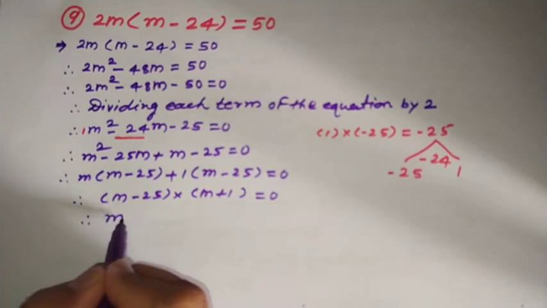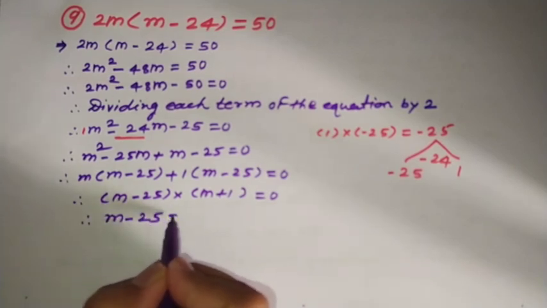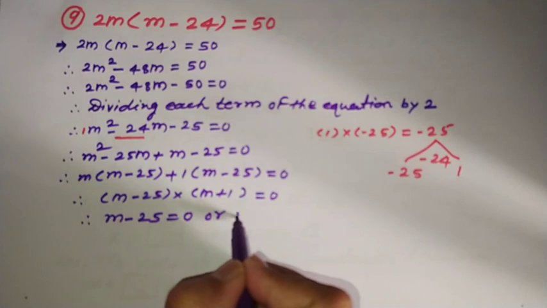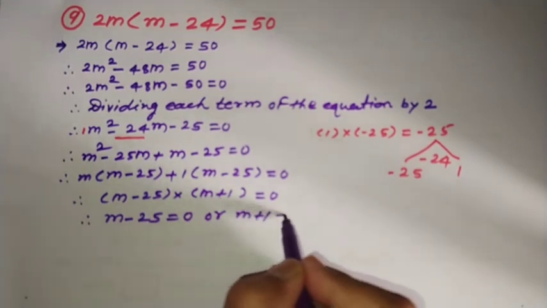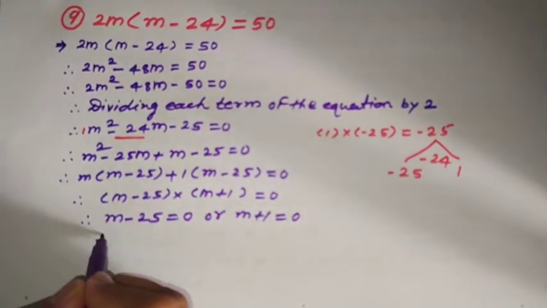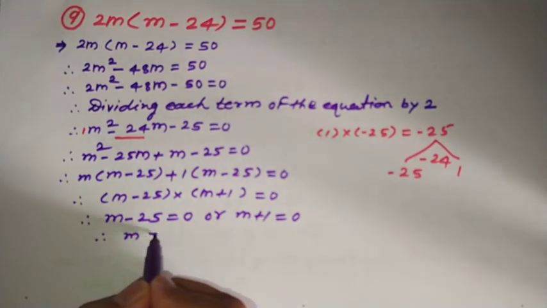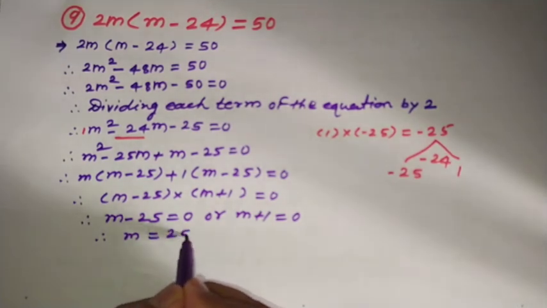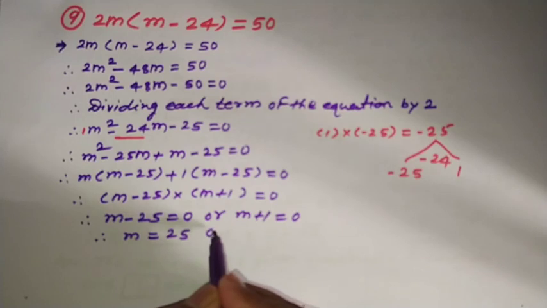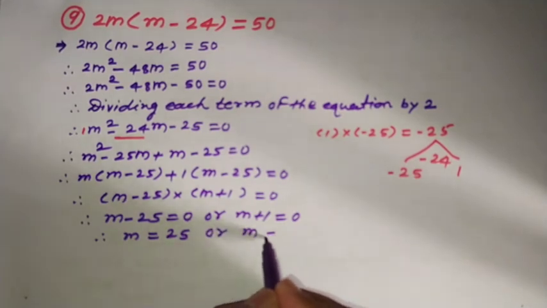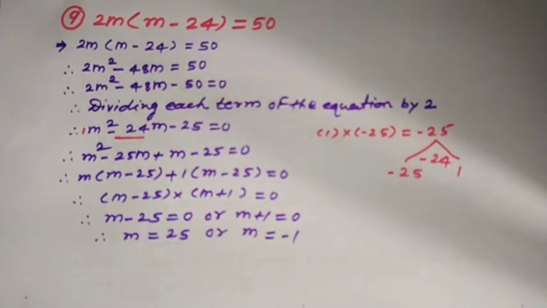Therefore, m minus 25 is equal to 0 or m plus 1 is equal to 0. m is equal to 25 or m is equal to minus 1.